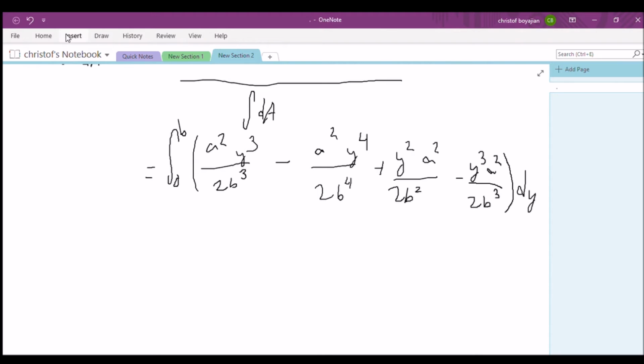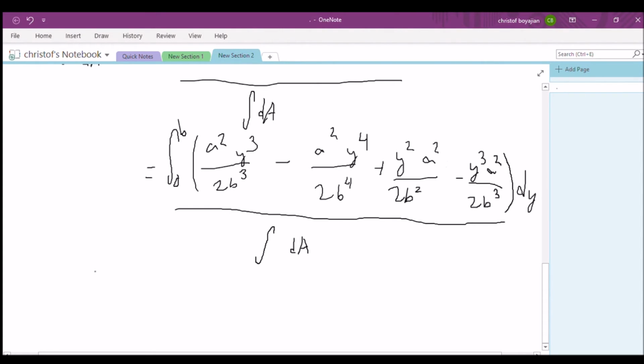Now, this kind of looks intimidating, right? It looks like a long expression. However, we can actually see, and hopefully you recognize this, that we can combine like terms here too. Now, what like terms are we looking at? Well, we have a factor a squared y cubed over 2b cubed right here as one term.